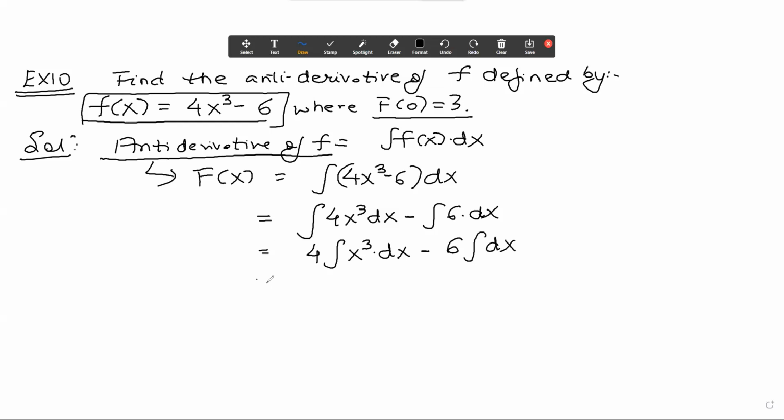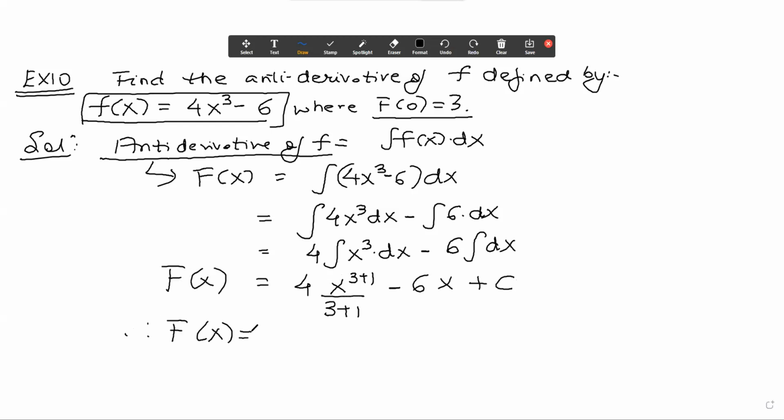Constants come out. Now the integration of x cube is x to the power 3 plus 1 upon 3 plus 1, minus 6 into integral of dx, which is x, plus c. This is my capital F of x. Capital F of x is 4x^4 by 4 minus 6x plus c. 4 and 4 cancel.